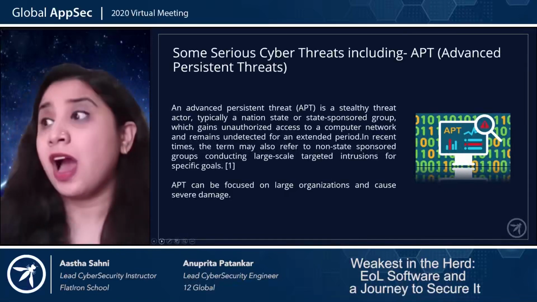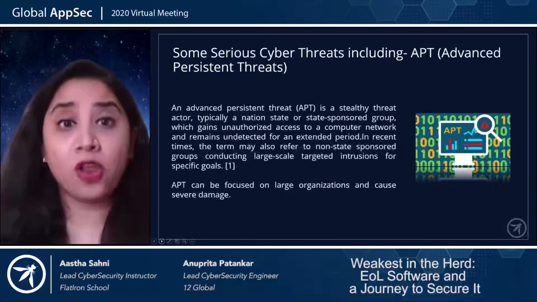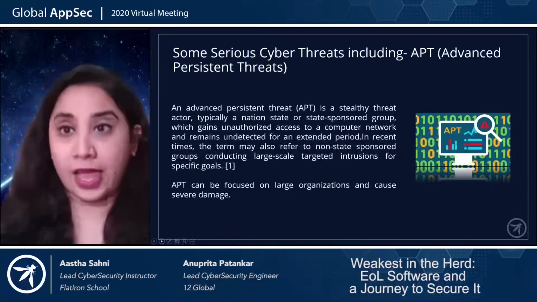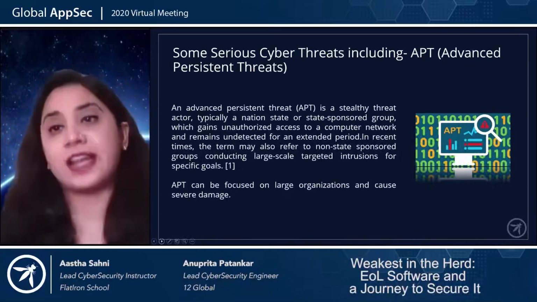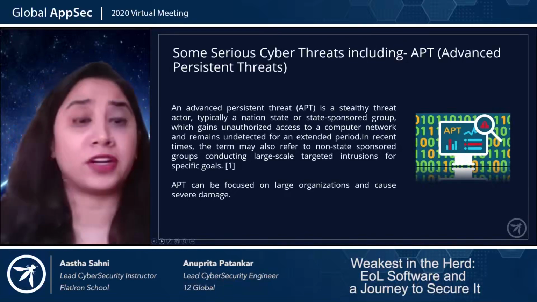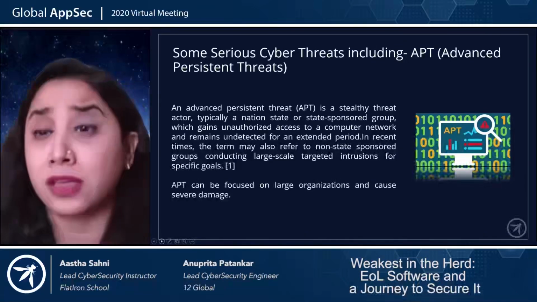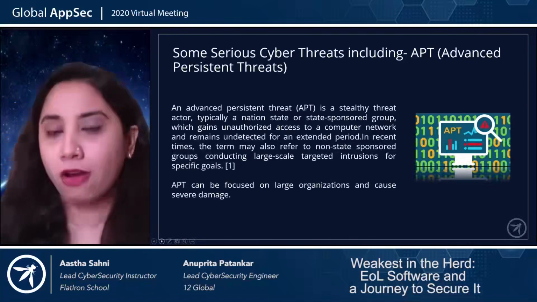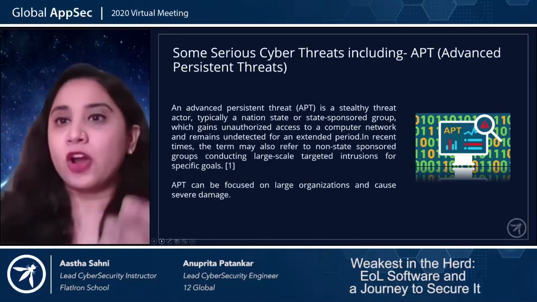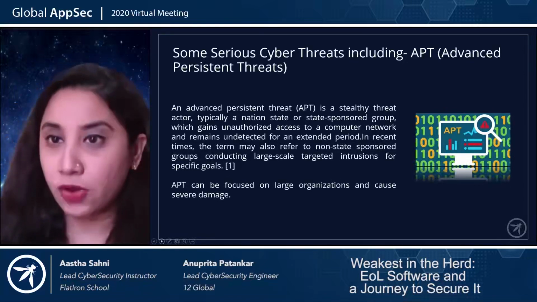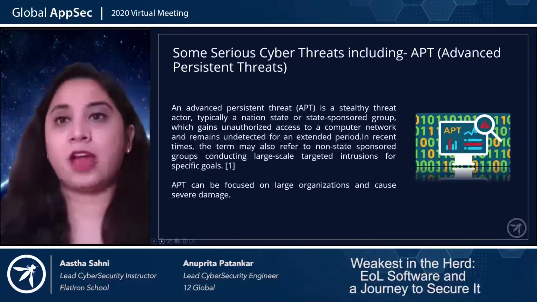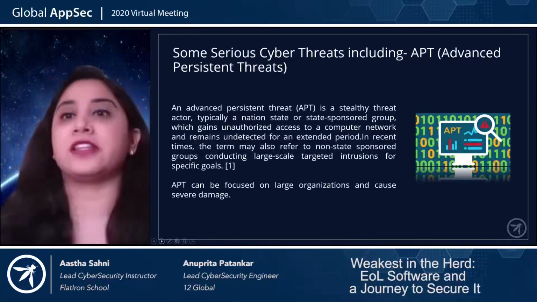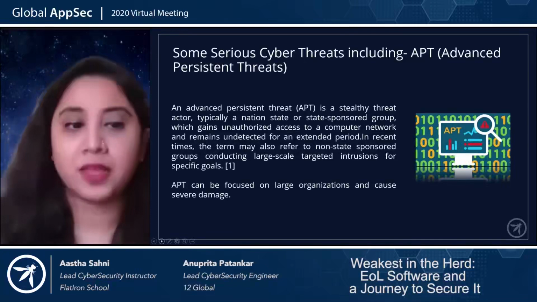Because as far as I know, all organizations currently have their in-house security teams, everybody is investing money in security, and everybody wants to be secure. And if we are not taking care of small things like end-of-life softwares, advanced persistent threats can easily happen in future as well.